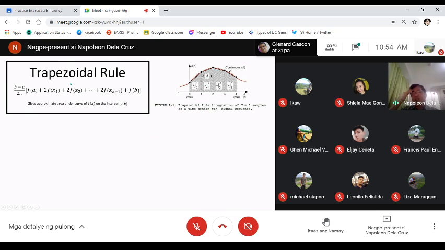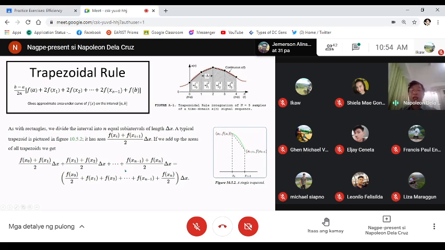Let us discuss trapezoidal method for this meeting. Okay. So this will be now the curve, and we will be using this trapezoid in solving for the area here. Trapezoid. Okay?